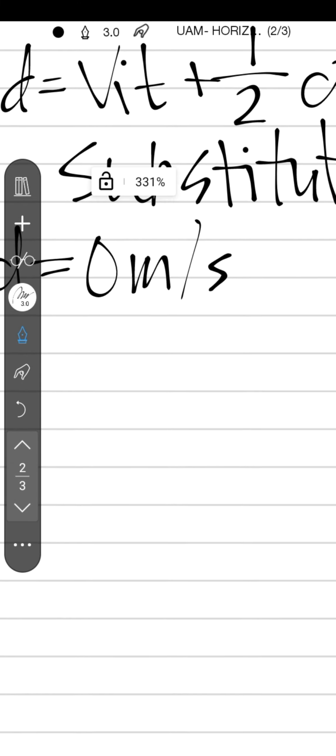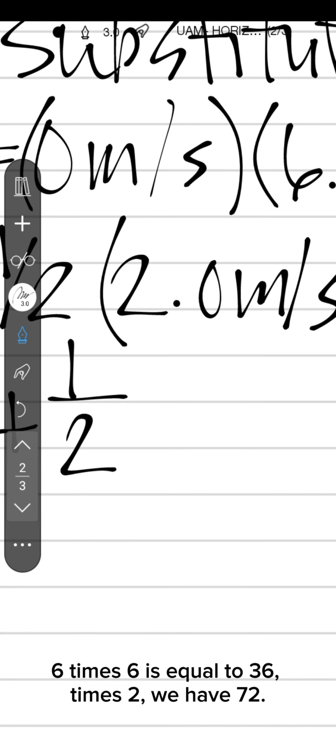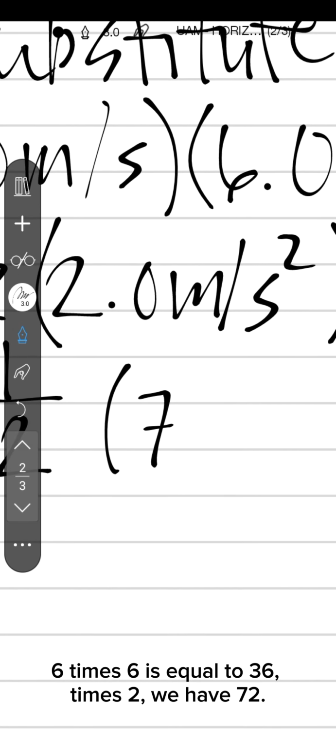solve it. 0 times 6 is equal to 0 plus 1 half, tapos 6 times 6 is equal to 36 times 2, we have 72. Cross the 0 out, put the 1 half and multiply it to 72.